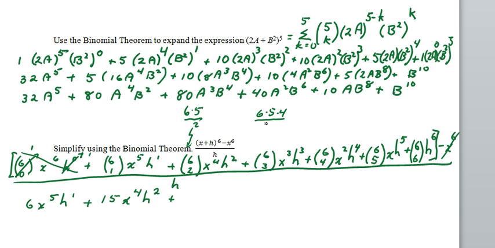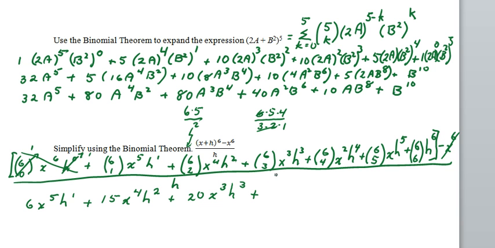So one of the 3 factorials cancels out, and we're left with 3 times 2 times 1. And so we get 20x cubed h cubed.